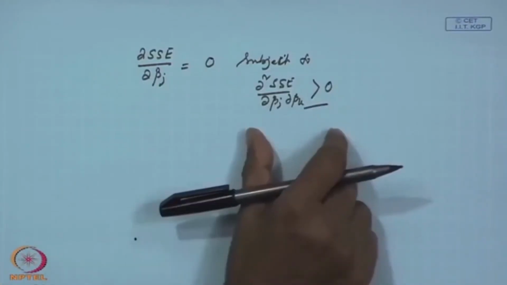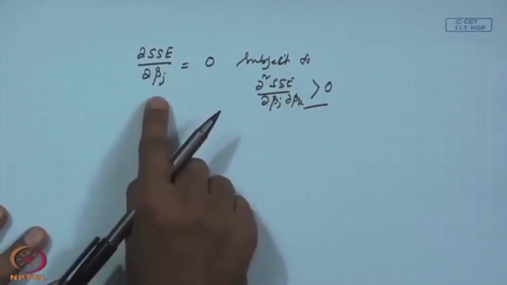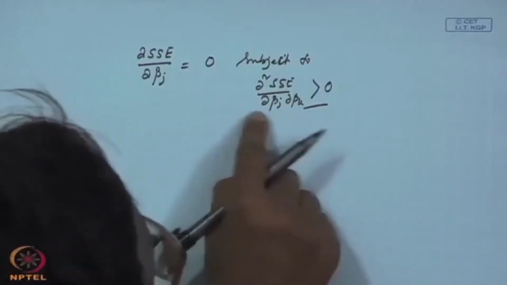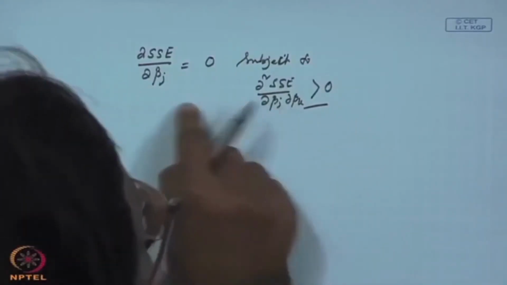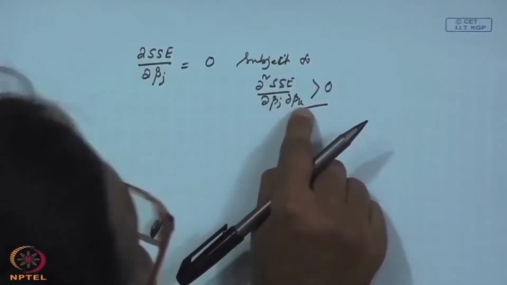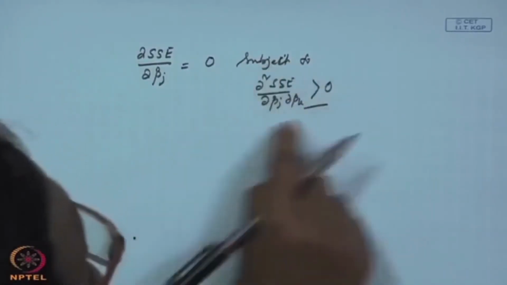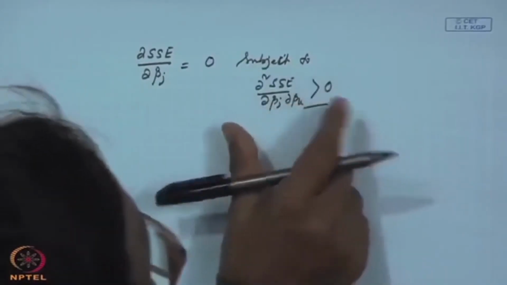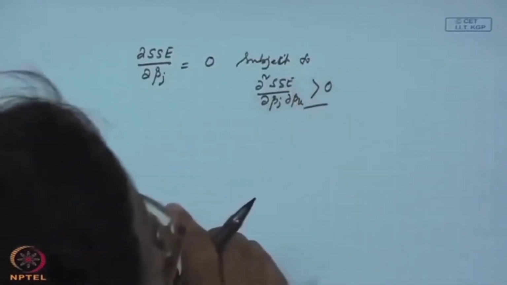Here I am saying that for one variable it is beta j, but here two variables, beta j and beta k, are taken, which means the covariance part between the two variables is coming in.